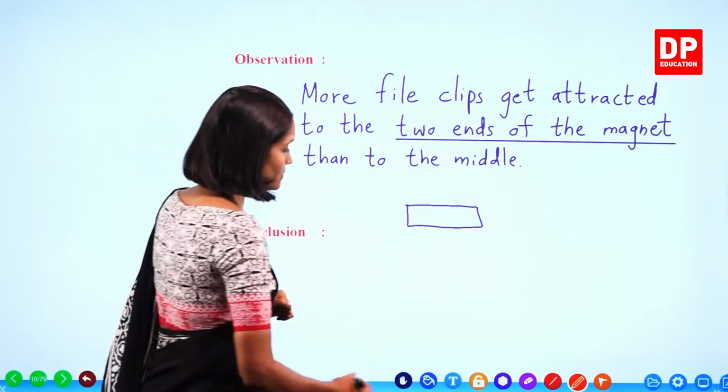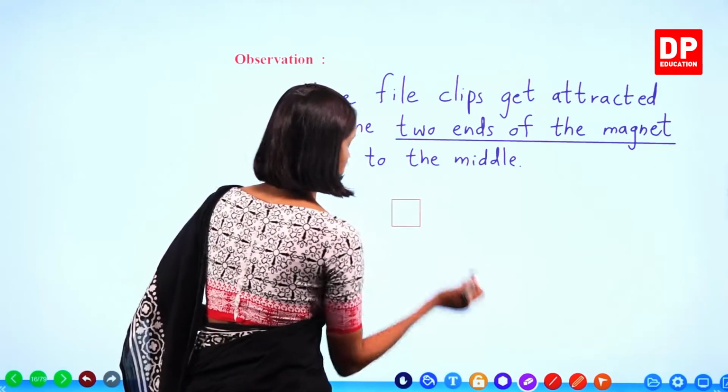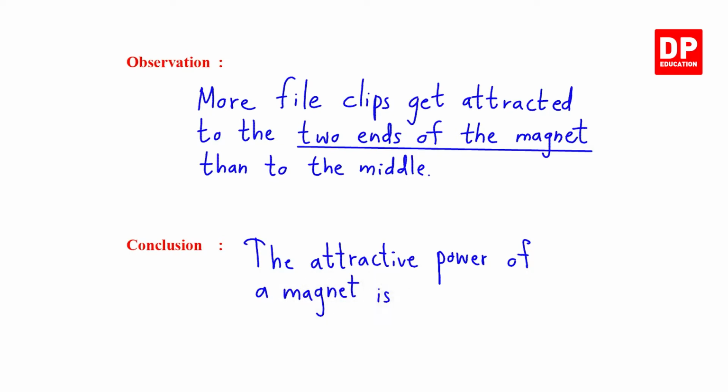Let's write. The attractive power of a magnet is more at the ends than the middle.